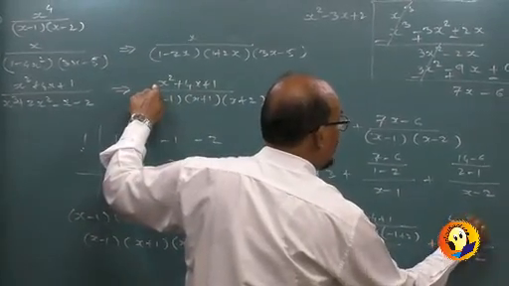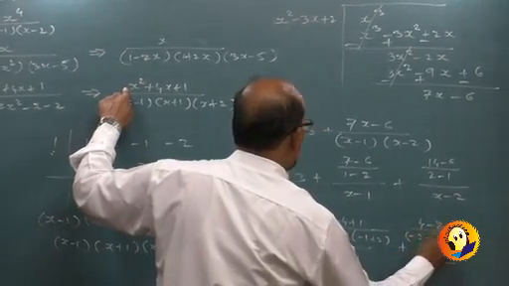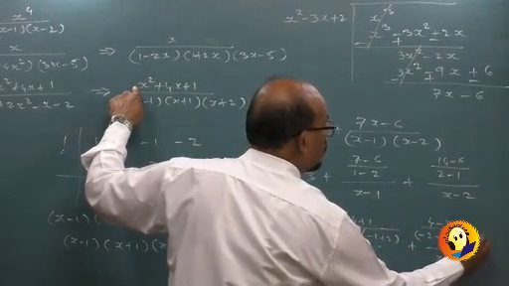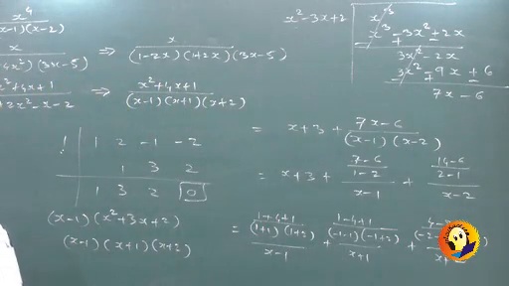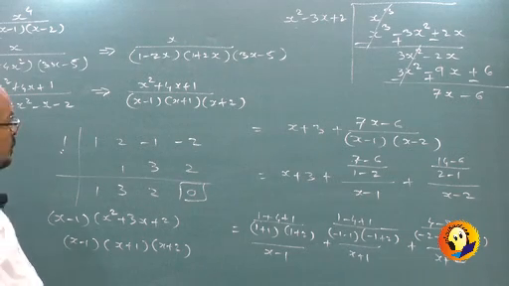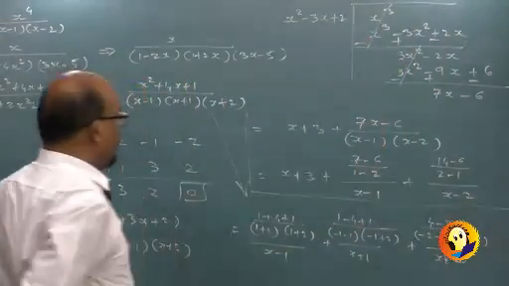So 4 minus 8 plus 1 upon minus 2 minus 1 into minus 2 plus 1, and the formula. So this is here. This is the previous one.